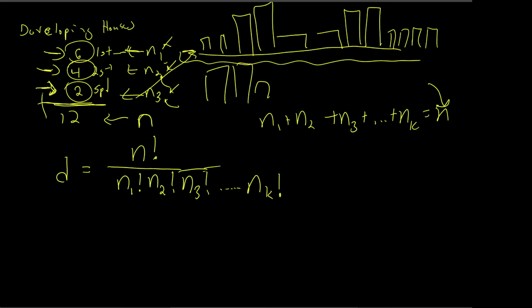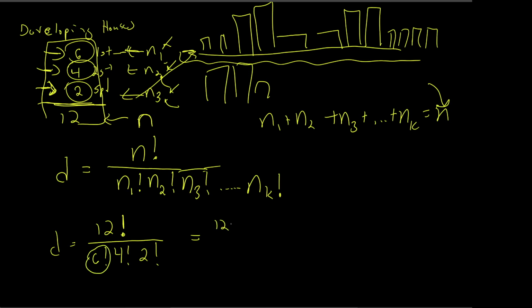All right, on this house example, our distinguishable permutations are 12 factorial divided by 6 factorial, 4 factorial, 2 factorial. I'm going to use my trick here. I'm going to take the 6, and that leaves me with 12, 11, 10, 9, 8, and 7.